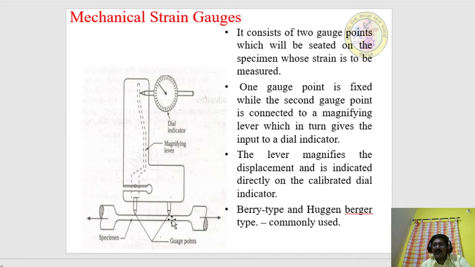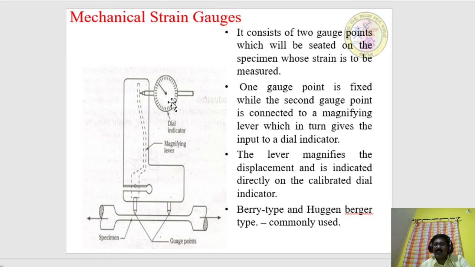One end of the gauge point is fixed, and the other gauge point is connected to a magnifying lever, right? This is the second gauge point, giving an input to the dial indicator.